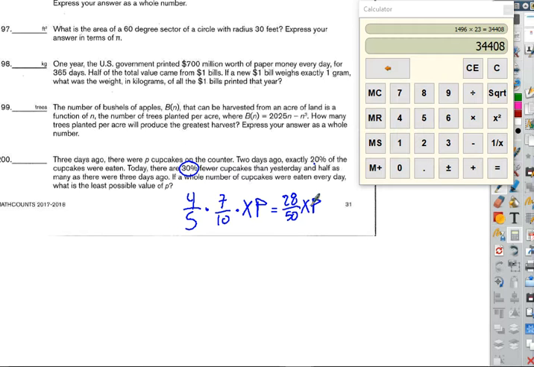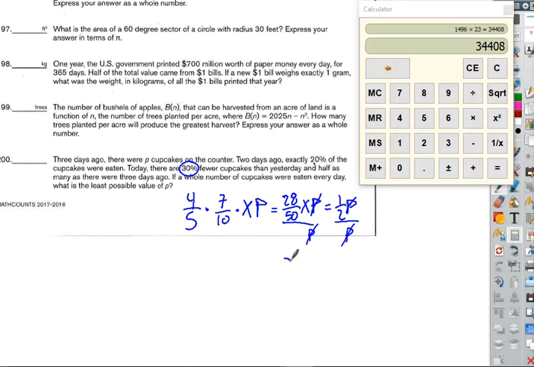Then it goes on to say that 3 days later, I'm at 1/2. So this is going to be equal to 1/2 times my p. So all I have to do is solve, and I should get my x, my scale factor, so to speak. So let's divide both sides by p. If I divide everything by p, the p's cancel out.